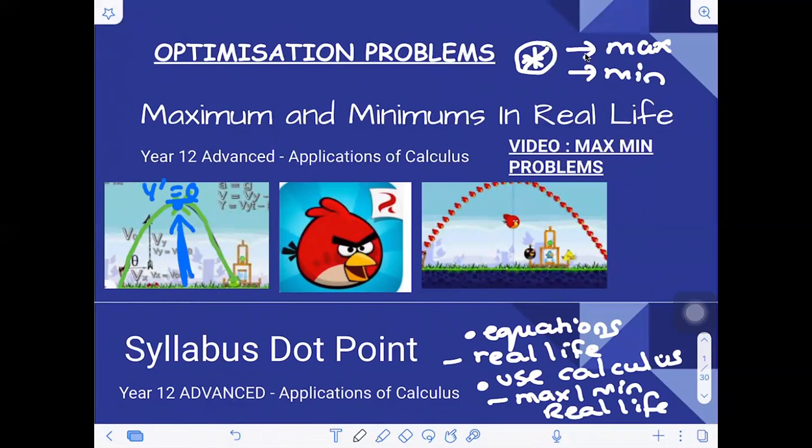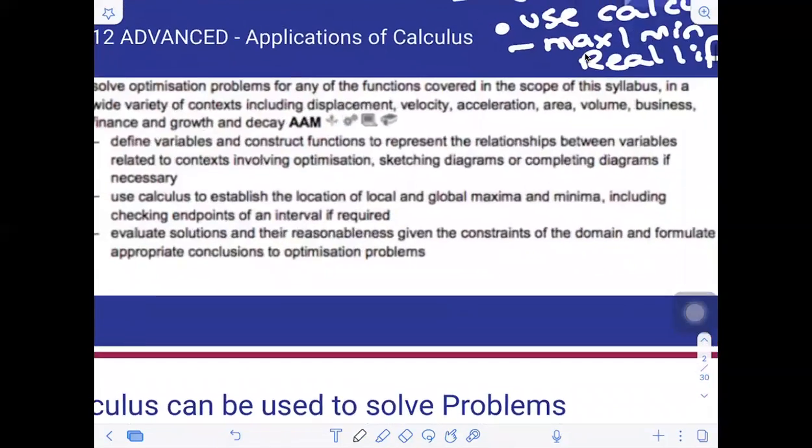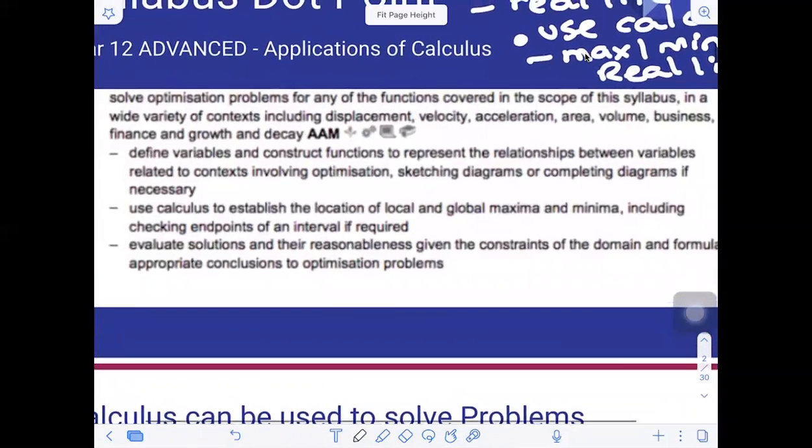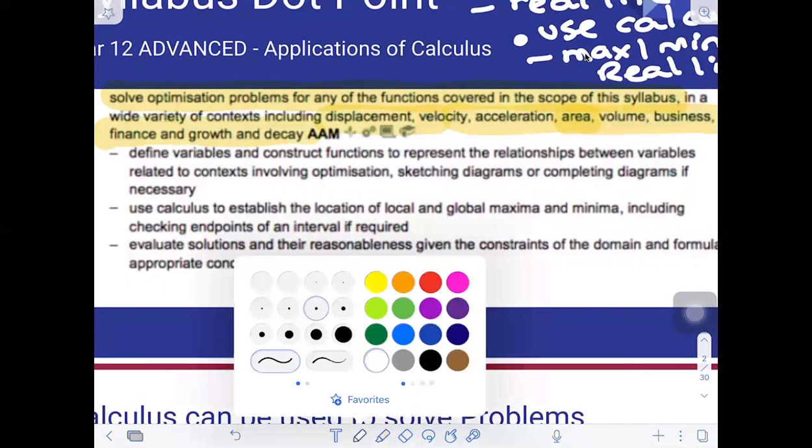Okay. So in the syllabus: solve optimization problems of functions covering the scope of this syllabus. Displacement, velocity, acceleration, area, volume, business, finance, growth and decay. So it comes up in lots of different areas and there are a lot of different types of problems.